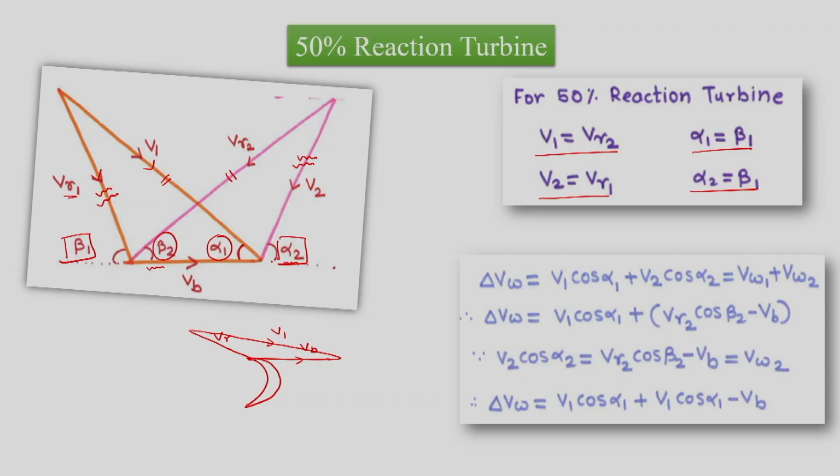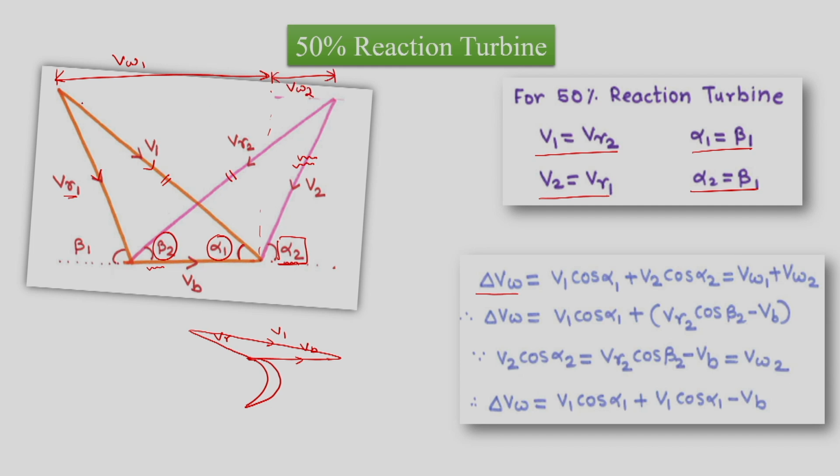Having said this, we can draw the velocity triangles for the 50% reaction turbine and write down the formulas as we did in the earlier case. Here delta VW is the change in velocity in the tangential direction. We know that in reaction turbine as well as in impulse turbine, the tangential velocity VW1 is this and tangential velocity VW2 is this.